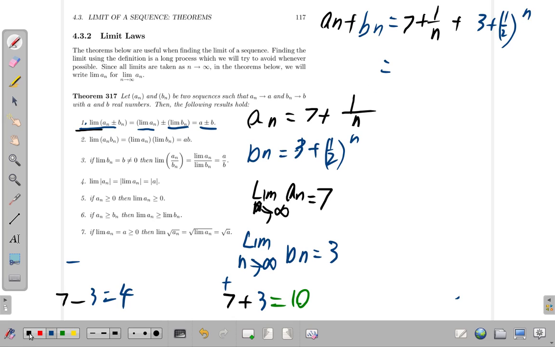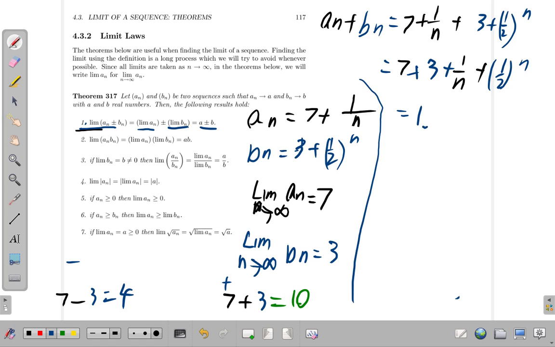Now the 7 and the 3 we can put together. We have 7 plus 3 plus 1 over n plus half to the power of n. So this becomes 10 plus 1 over n plus 1 over 2 to the n.